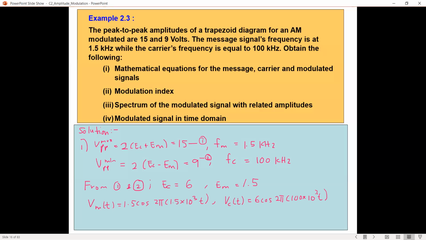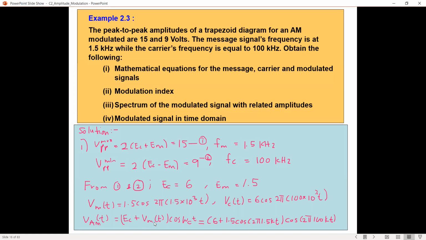The modulated signal is EC plus VMT, times cos omega CT. If you notice, the frequency cos omega CT does not change, but the amplitude, instead of EC, has an additional plus VMT in the amplitude part.